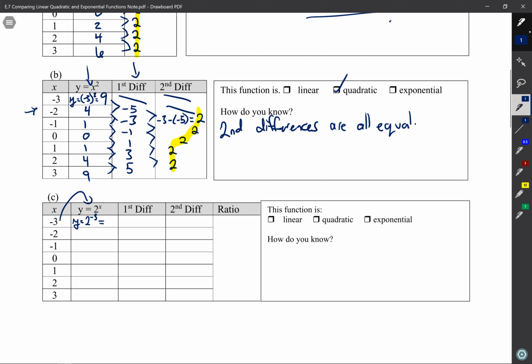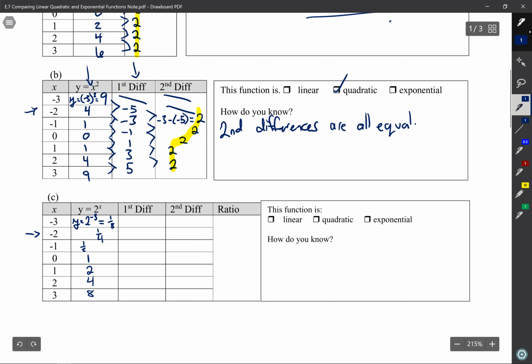Actually, I'll leave it as a fraction because we've handled things like this in this class, so 1/8. And then if I substitute in -2 for x, I find that y equals 1/4. -1, it's 1/2. 0, anything to the power of 0 is 1. Anything to the power of 1 is itself. And I can see here a pattern.